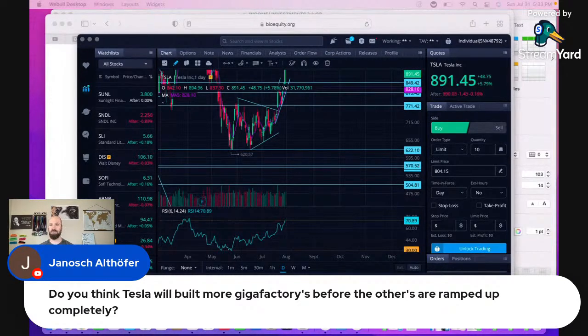Like the UK might be a smaller one, Japan might be a smaller one. And we'll see a massive lot of factories get built by 2025. So I think we're going to see quite a few come up. And I would think that the goal is to have the majority of their gigafactories fully ramped by 2026 or 2027, and just do the tweaking after that to see what they need.